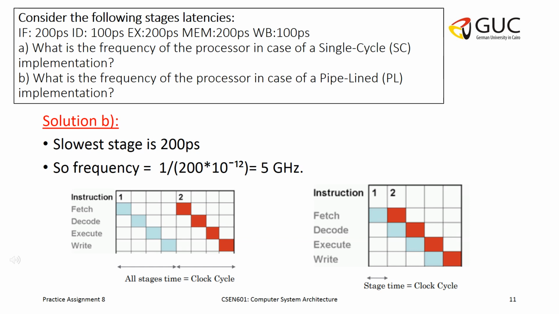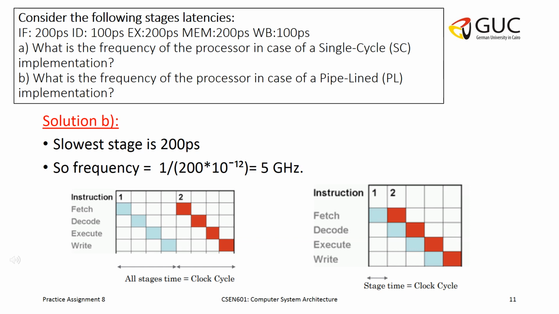So as we see here in the graph in front of us, we have the blue instruction at the beginning, and then after it finishes the 5th stage, the next instruction appears, which has the 5 stages of the second instruction in red. So that's why we are having 2 instructions.